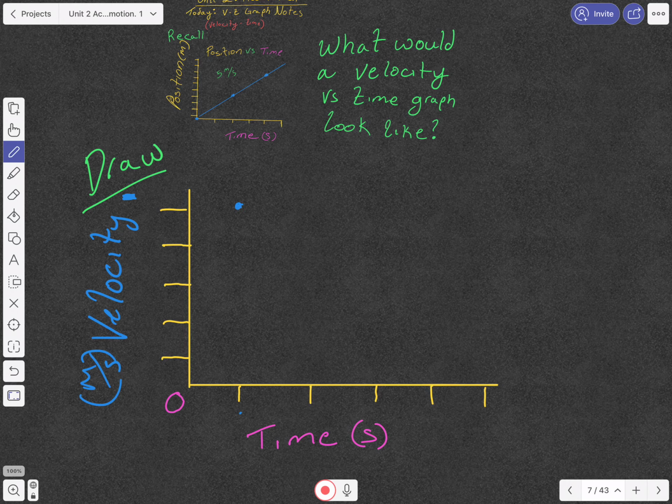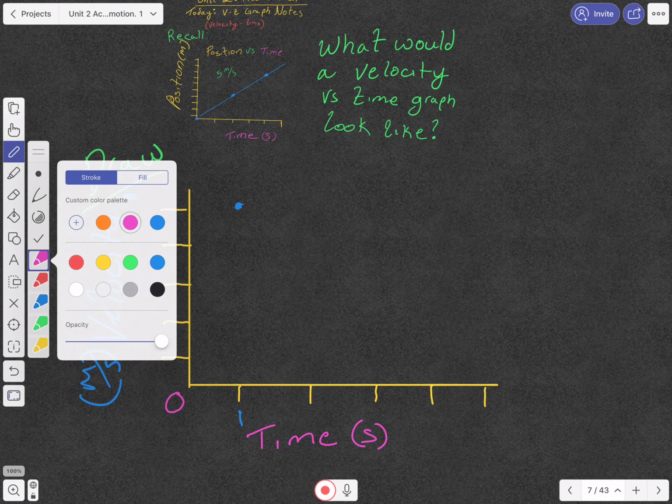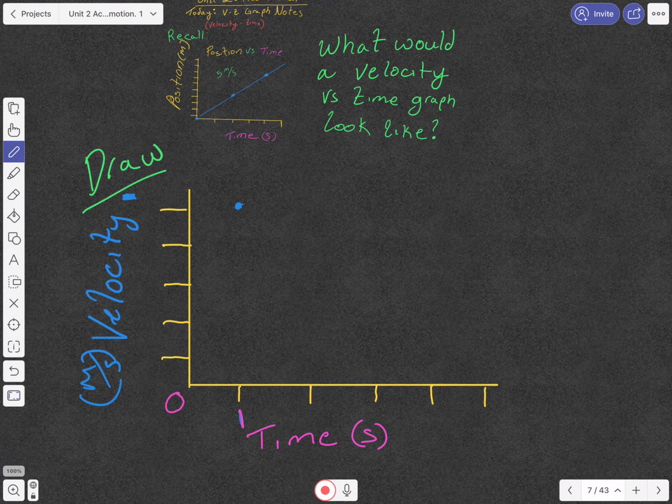So that's 1 second, 2 seconds, 3 seconds, 4 seconds, 5. So now at 2 seconds, our velocity is still 5 meters per second, and we can see that it's all the way through. It's going to be 5 meters per second.